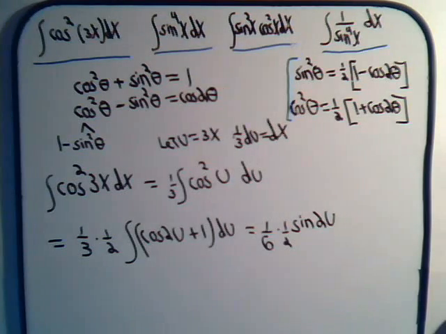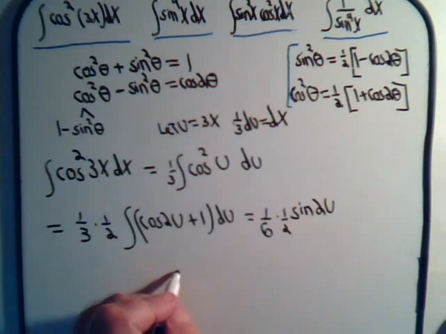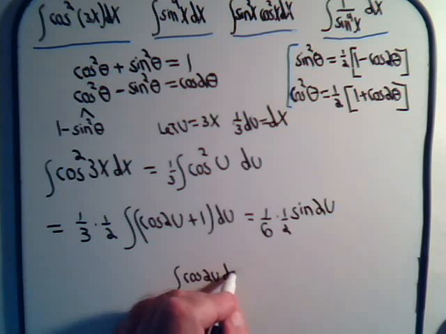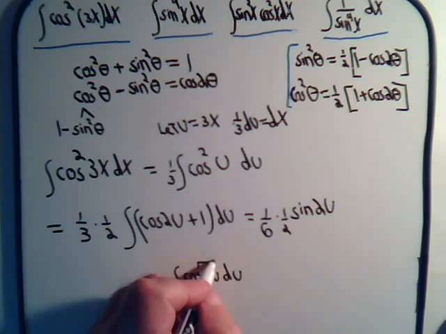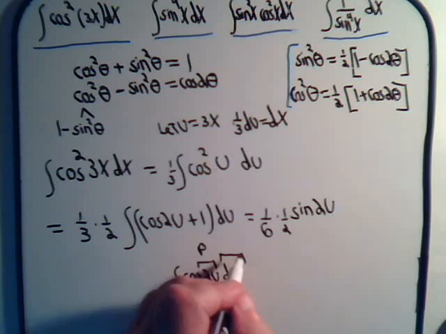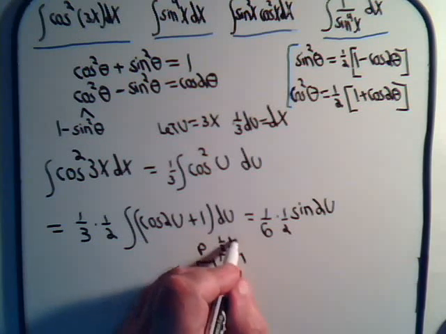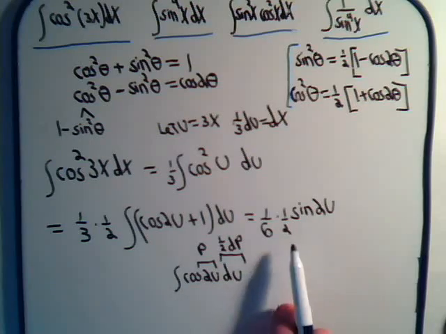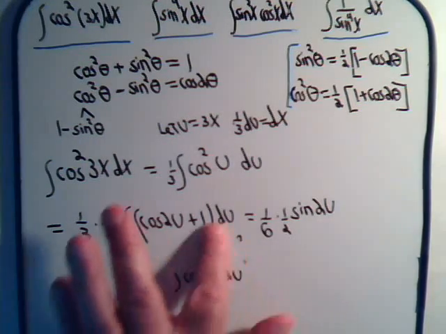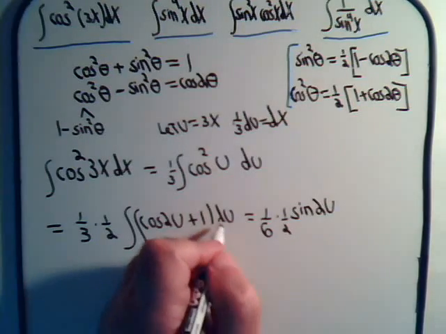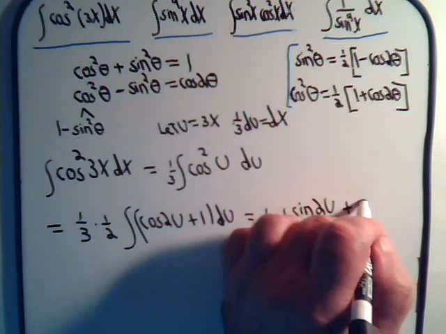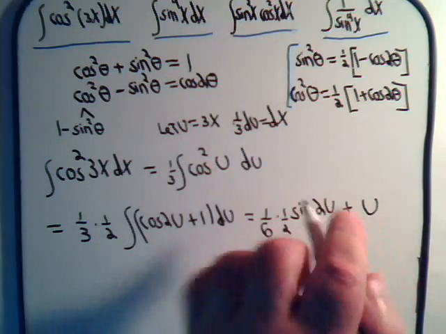And hopefully you recognize right off the bat why we do it like that, but just to make sure, we have this integral here. Well, if we call this, say, p, then this would be 1/2 dp. So we'd be taking the integral of cosine p times 1/2 dp, that's the sine of 2u times 1/2. So that's why it works out like that. And then here we have plus u when we integrate, times 1/6.